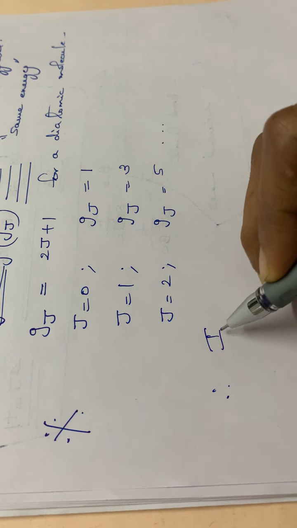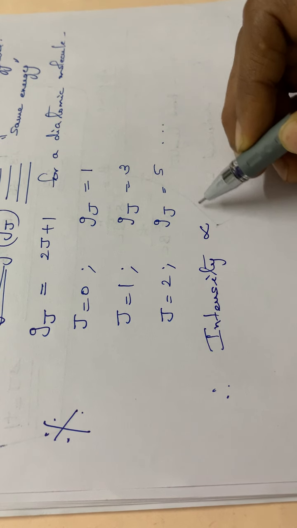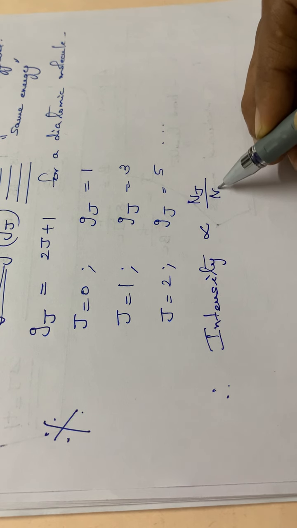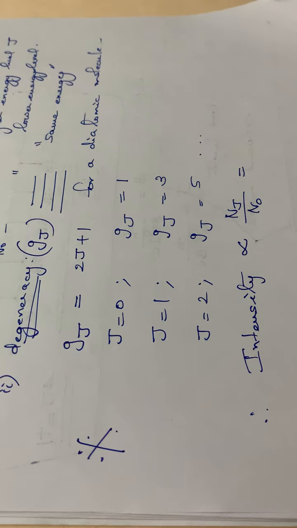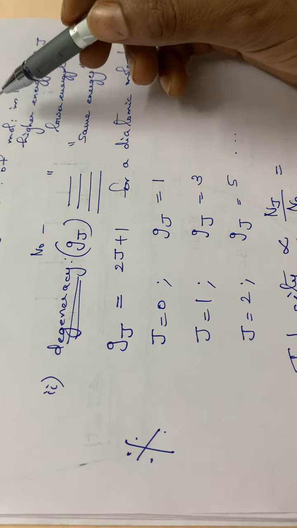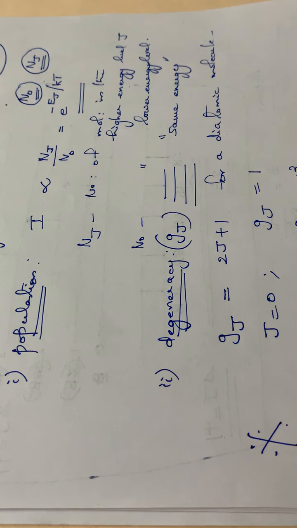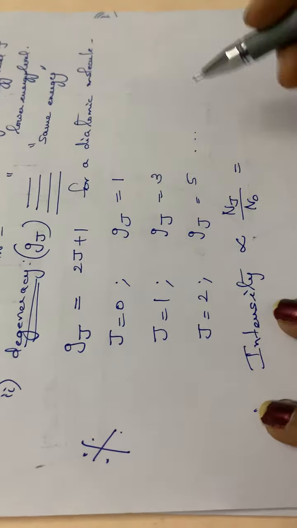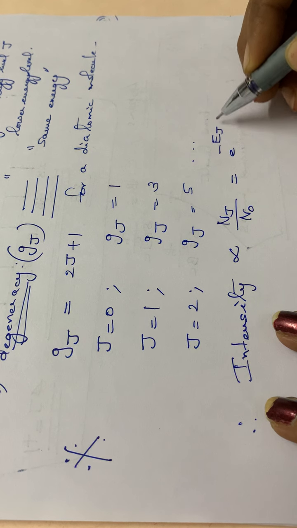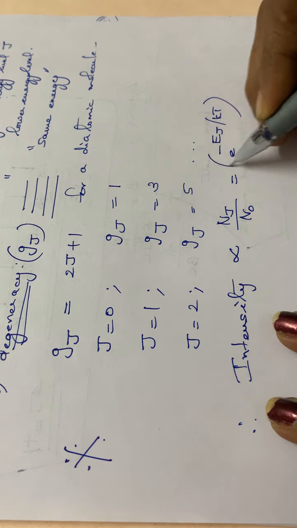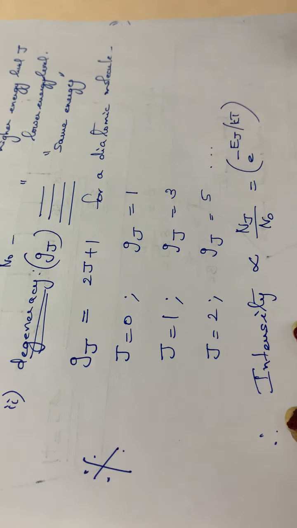So we can write that the intensity is directly proportional to Nj by N0, and it will be equal to the two factors: the Boltzmann distribution, that is e raised to minus Ej divided by Kt, which is the first factor, population. Then what about the degeneracy? Degeneracy is given by 2J plus 1.